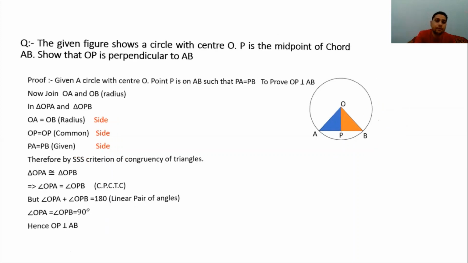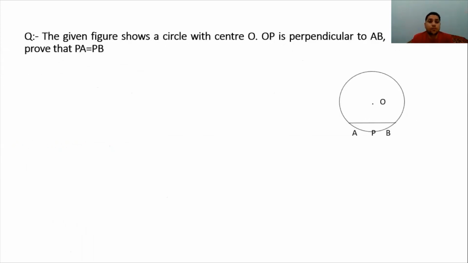Next we have the converse of the same question. Again we have a circle with center O, and here we have the condition that OP is perpendicular to AB.